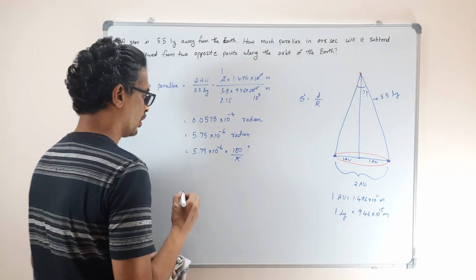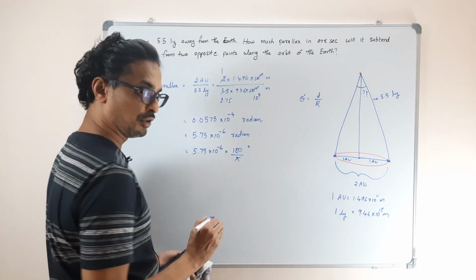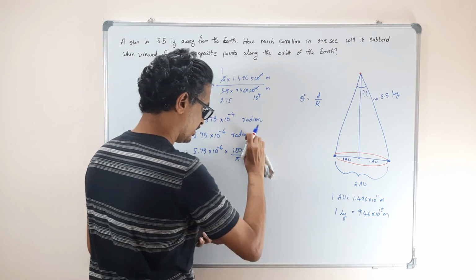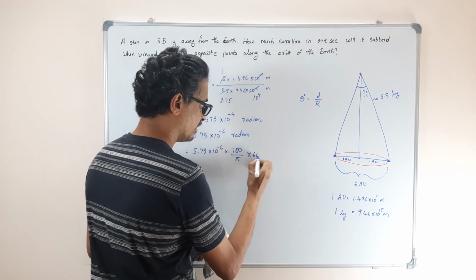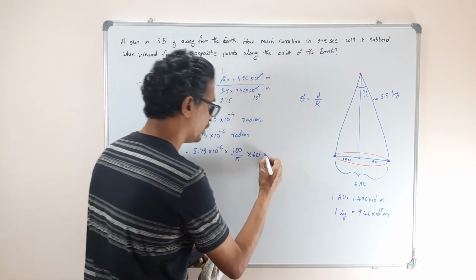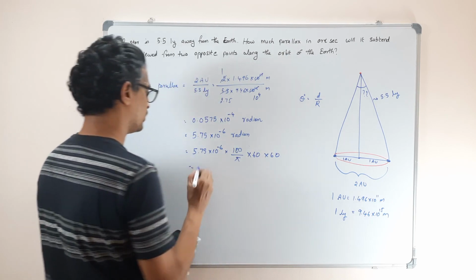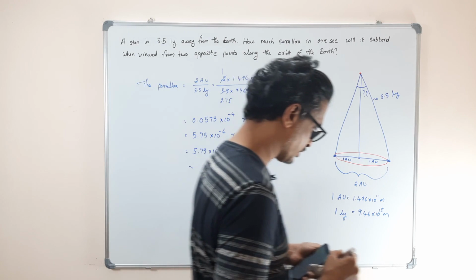Okay. And if I want to convert it into minutes, multiply by 60. Am I right? If I want to convert it into seconds, multiply by 60 again. Do all this multiplication and you will get the answer. That's it.